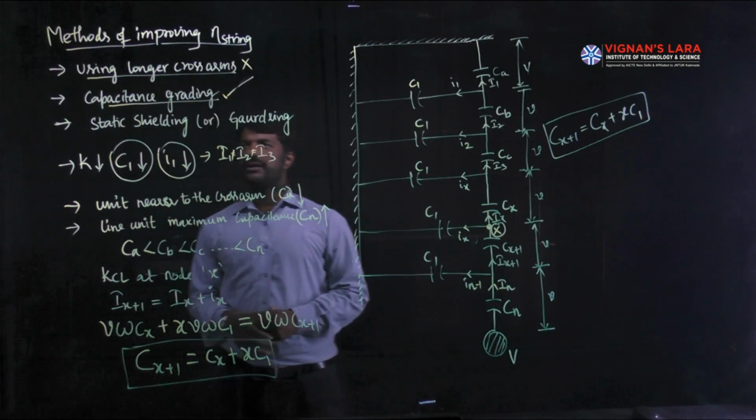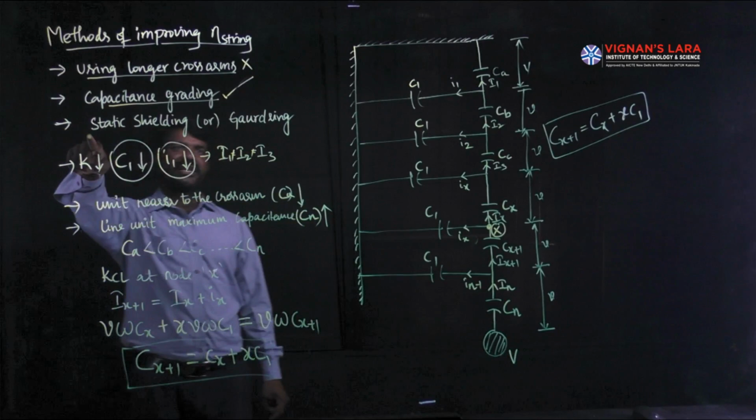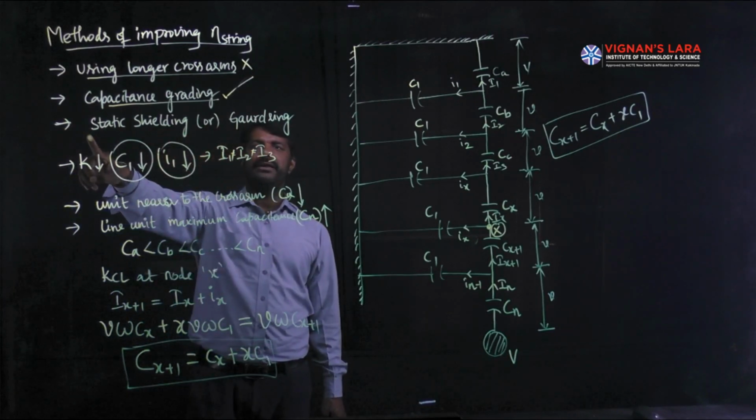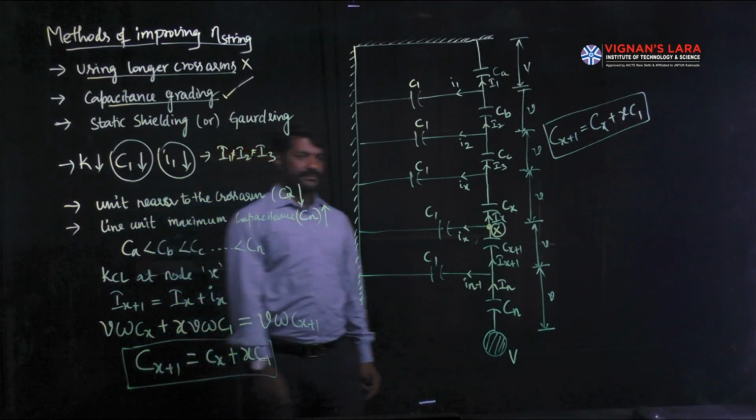So to avoid that drawback, in general we go for the third method, called the static shielding method or guarding method, which is a familiar method in usage and will be discussed.